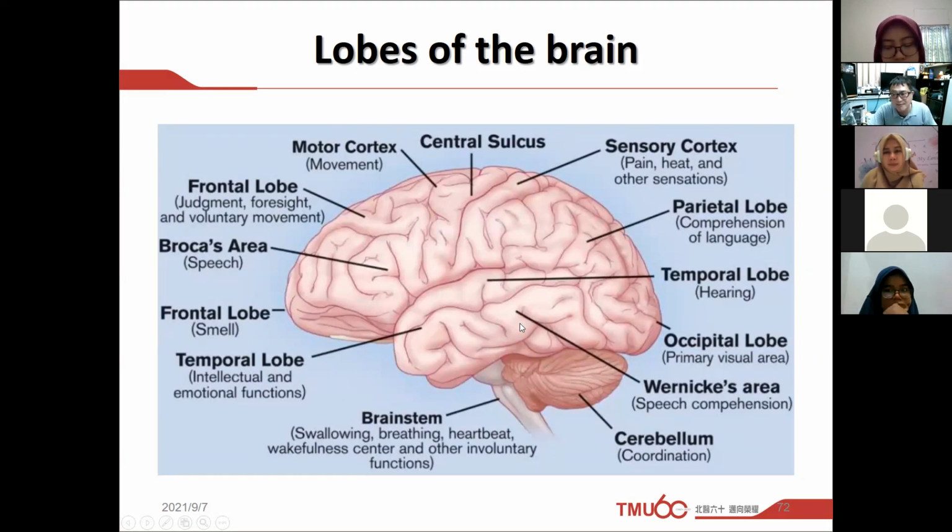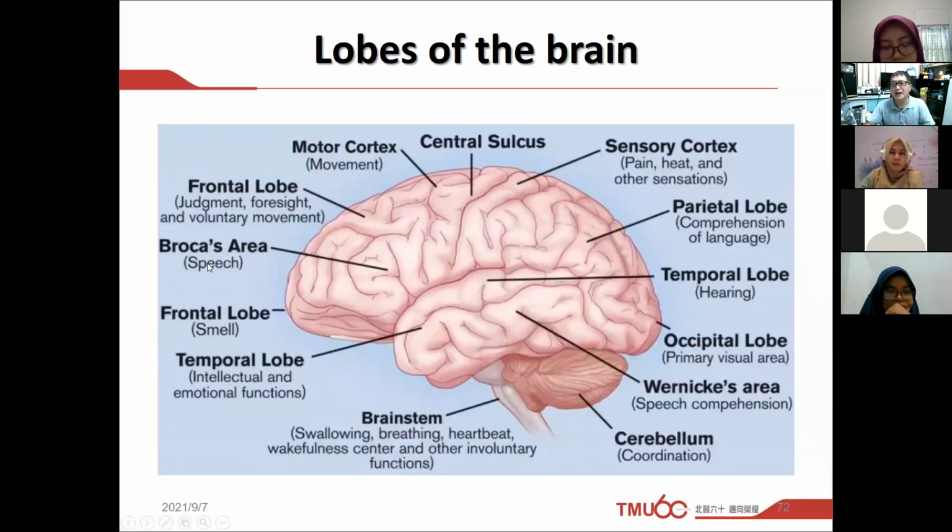Then it passes the message to Broca's area, because you understand what the people are saying, what message they are trying to say, and it is processed with your knowledge, and you try to respond in this area.